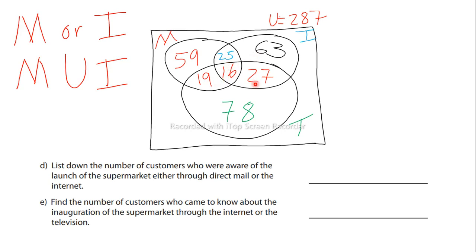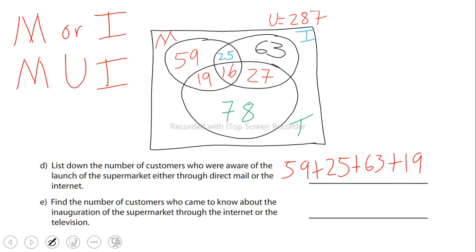Alright, so that's my guess on that one. That's how I would do it, based on how they answer the question, but we can always check the solutions manual. My guess would be the top three only then. I like a little challenge. 59, 25, 63, 19, 16, and 27.